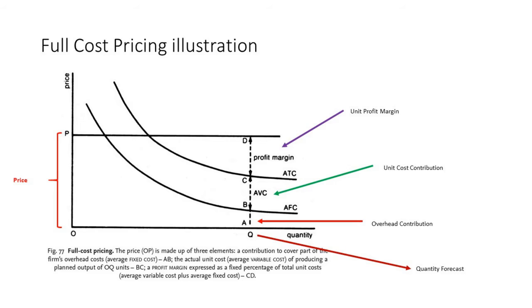This graph offers a different kind of illustration for full cost pricing. As you can see, we're plotting price on the y-axis and the quantity of something that we can deliver, either a product or service, on the x-axis. Let's take the example of the plumber again.